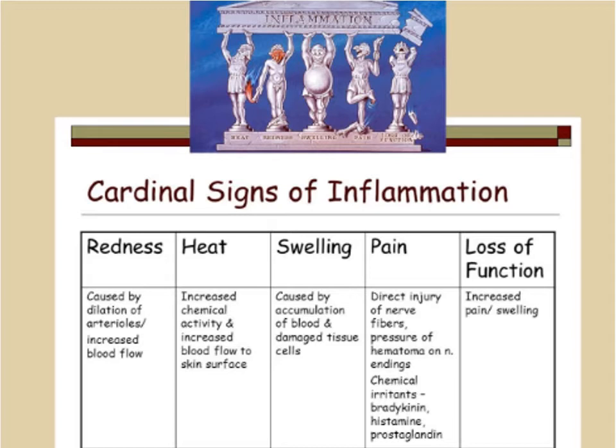And that's partly why we use anti-inflammatory medications, such as ibuprofen, for inflammatory, painful conditions, because they block the production of prostaglandins. Okay, so these chemicals that have been released into the tissue are directly responsible for pain. Loss of function, partly due to the pain and partly due to the swelling or edema to the area. Okay, so these are the cardinal signs of inflammation: redness, heat, swelling, pain, and loss of function.